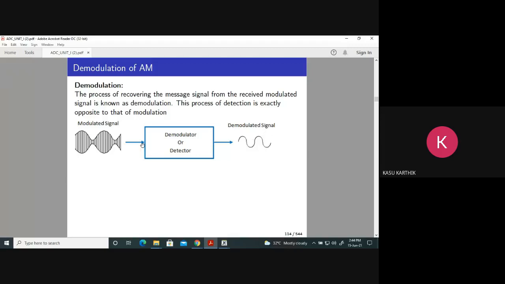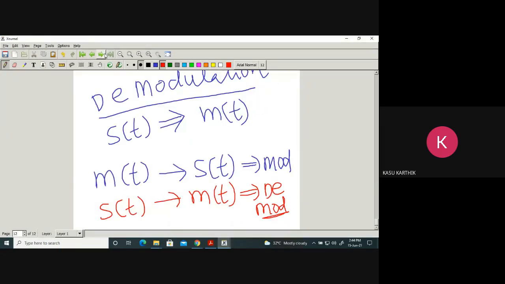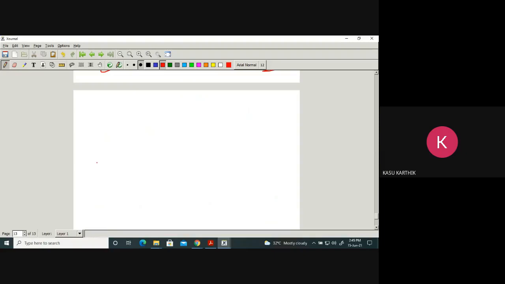Now, as we know, in AM the envelope follows the message signal. Envelope E of t is proportional to message signal M of t under certain conditions. What is the condition? The condition is whenever mu is less than or equal to 1, our envelope follows the message signal linearly.